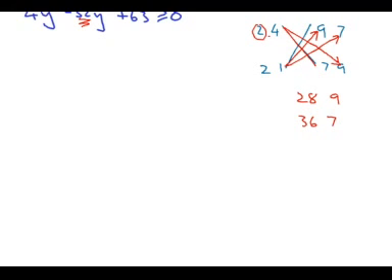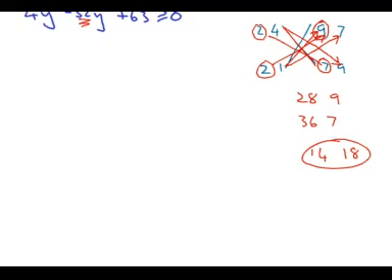So then I go to the 2. 2 multiplied by 7 is 14. 2 multiplied by 9 is 18. And 18 and 14 will give me 32. Okay, so there I've got the terms that I will need. So I've got 2y and 2y, 9 and 7.